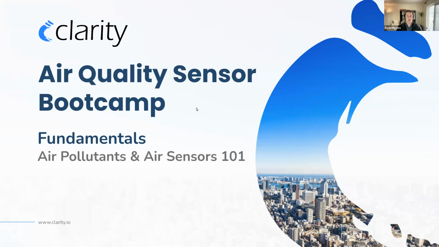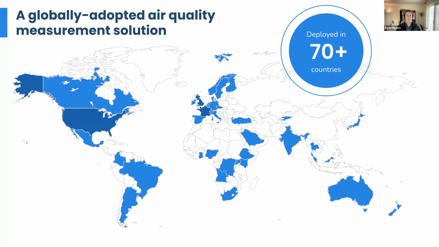Just a brief introduction to Clarity for those of you who aren't familiar with us. If we could go to the next slide, Jack. You'll learn a lot more about us and the work we do throughout this boot camp. But just as a brief introduction, we have a comprehensive air quality sensing solution. We provide our sensors as a service, which is a little bit different from a lot of the folks who operate in the industry, and we'll get into why we take that approach throughout the sessions.